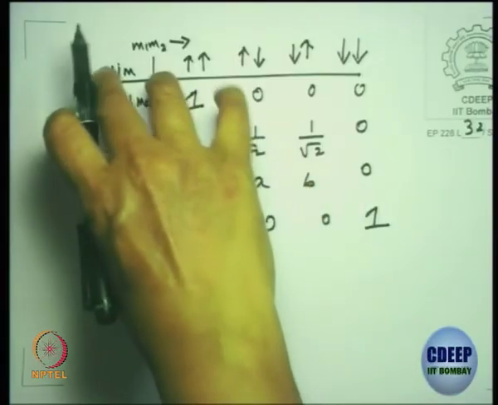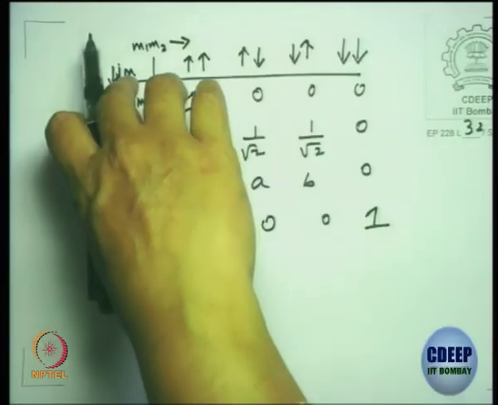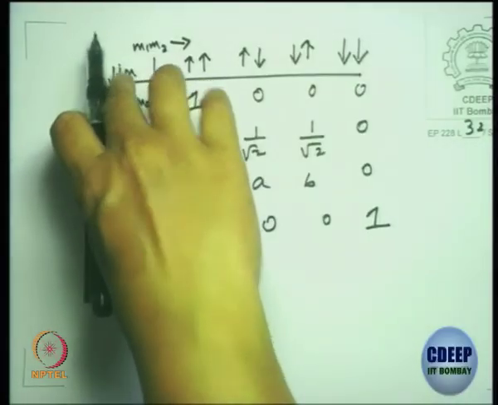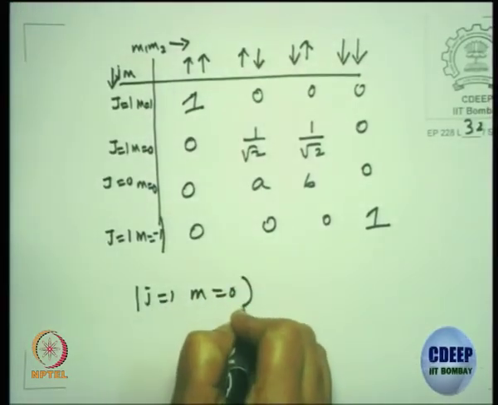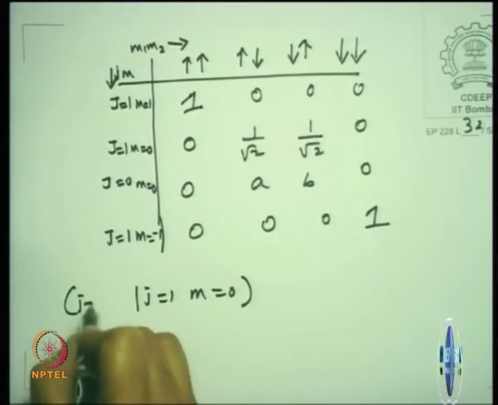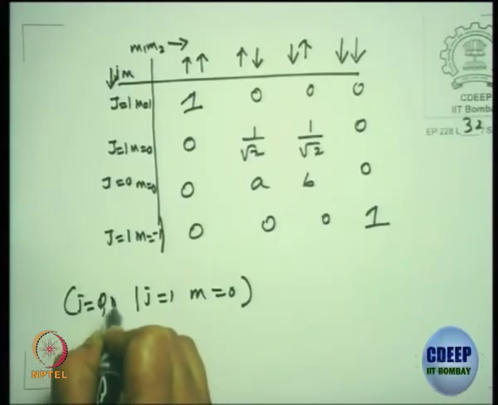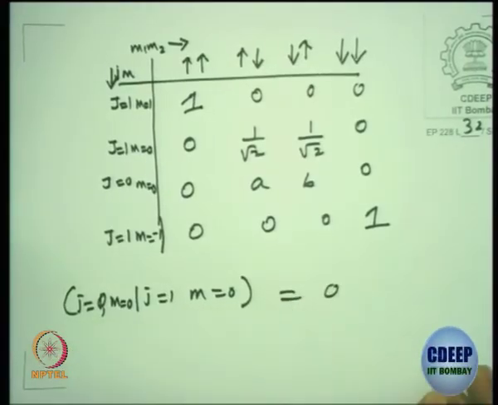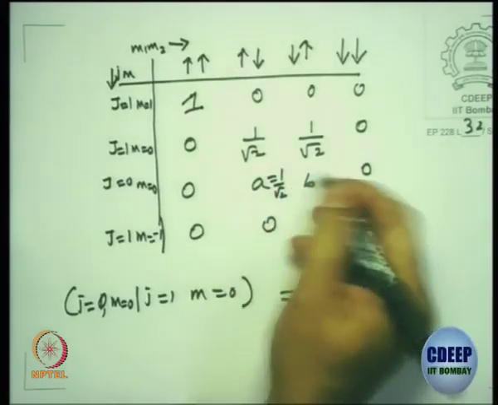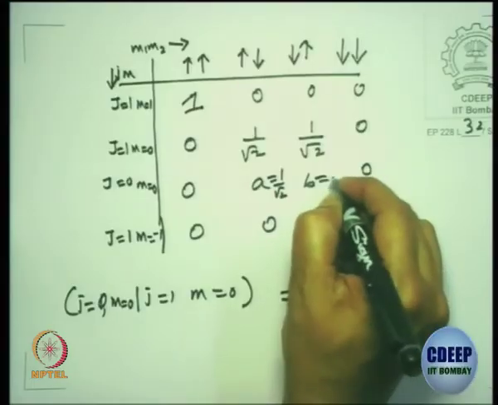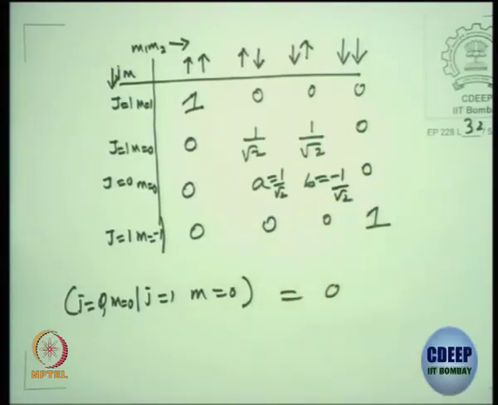If I call this a complete set of bases, I would like my J equal to 1, M equal to 0 to be orthogonal to J equal to 0, M equal to 0. So that is what will happen, and that will fix us. There can be some phase factors or sign factors. You could fix one convention and write it this way. So up to a sign, these two are correct.